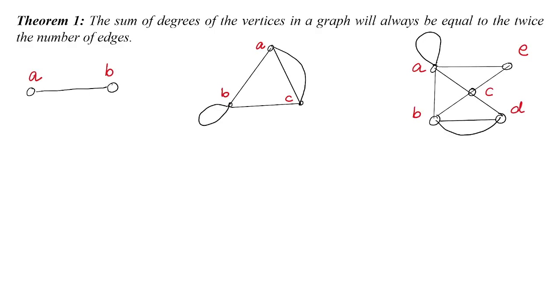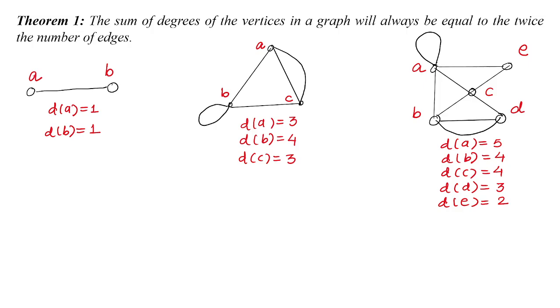Now again we have to look at these. If you watch the degrees closely, in the first graph there are 2 vertices, both having degree 1 and 1, which are odd numbers. In the second graph, vertices A and C have odd degree, that is 3 and 3.